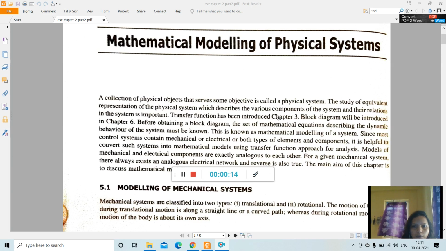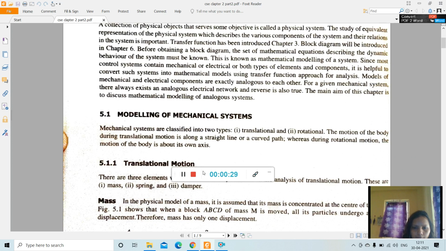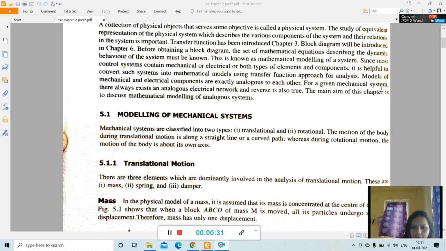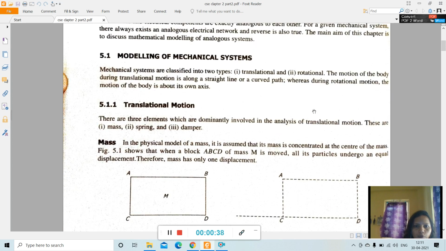So in the previous video session we discussed the mathematical modeling of physical systems. In mathematical modeling of physical systems, we have studied the modeling of mechanical systems.